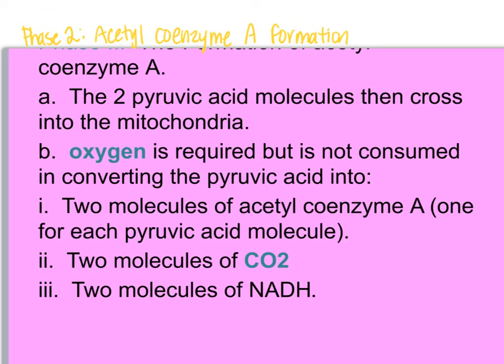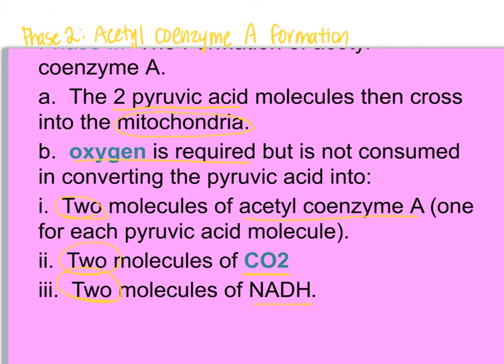Those two pyruvic acids you ended glycolysis with are going to go into the mitochondria. So the rest happens in the mitochondria. Oxygen is required, but it's not consumed; it is required to make this work. That pyruvic acid gets turned into two acetyl coenzyme A's, two carbon dioxides, and two NADHs.